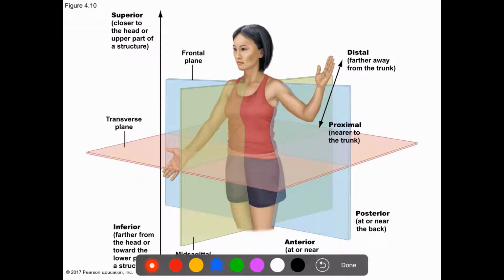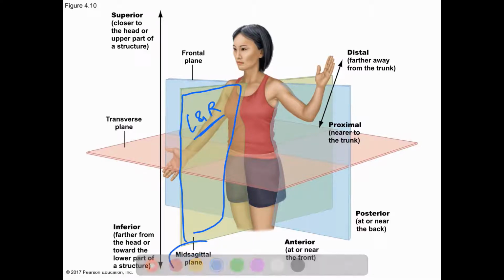The mid sagittal, like here in the green, divides the body into left and right. Left and right is happening through the mid sagittal plane.